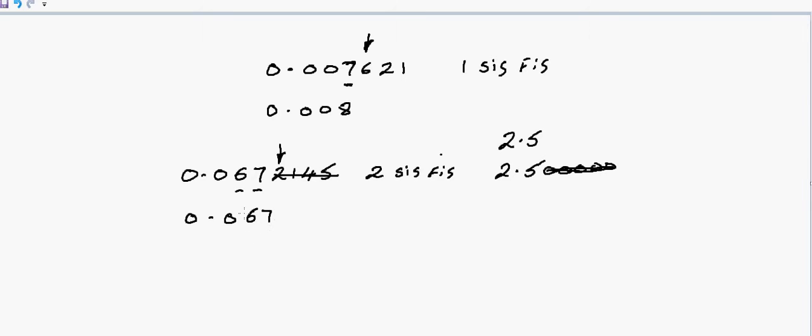Okay, so you'll be able to see, hopefully, that you've got a 3 decimal place number, but it's two significant figures. So significant figures and decimal places are different.